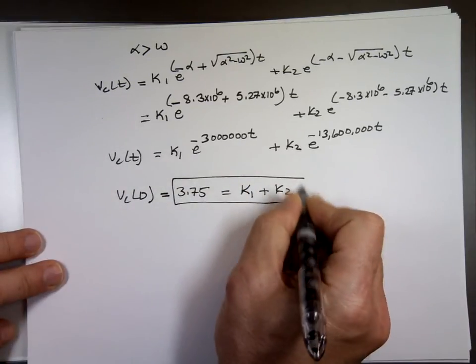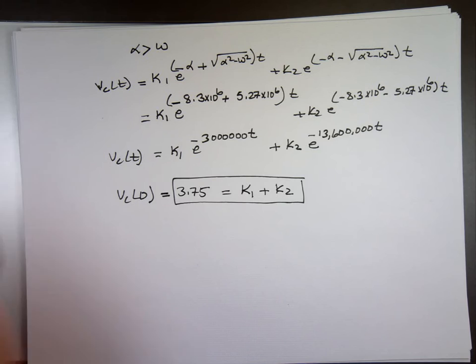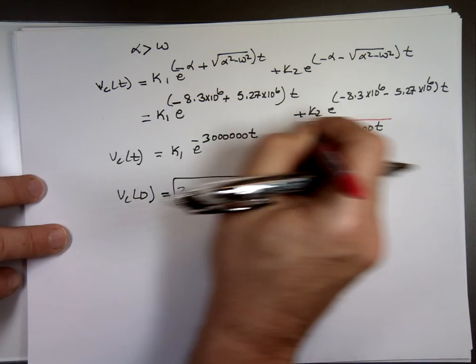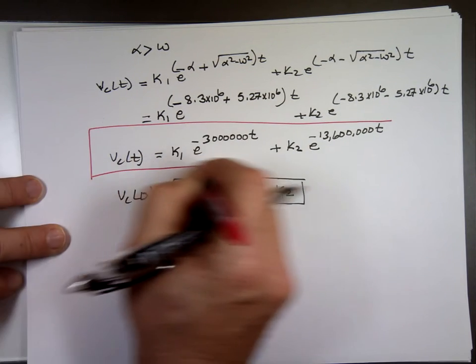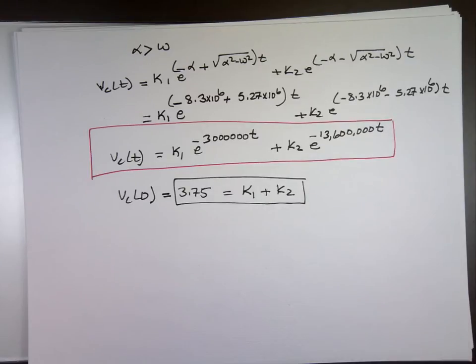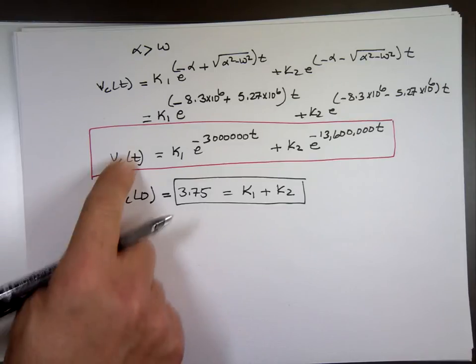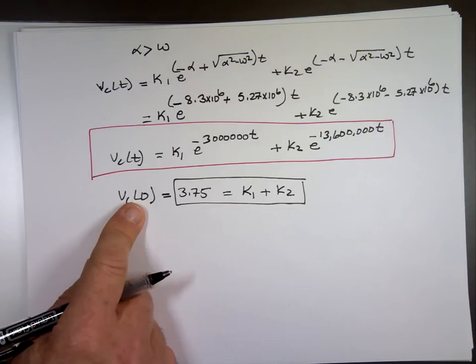That's the first equation. Big numbers, I don't want to deal with all these digits. Now I need to find the derivative of this, from the circuit and from the equation.